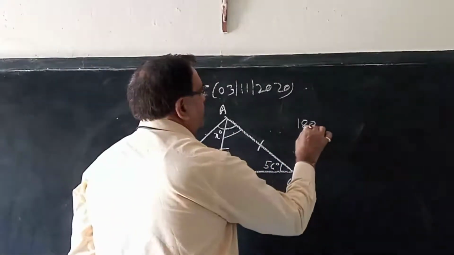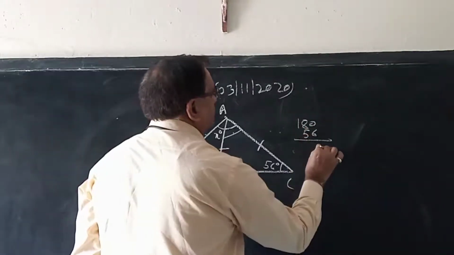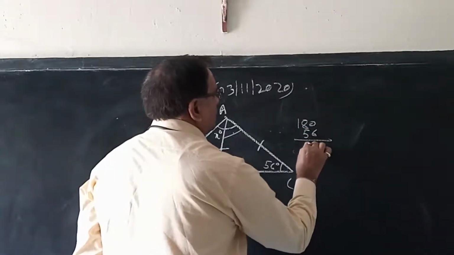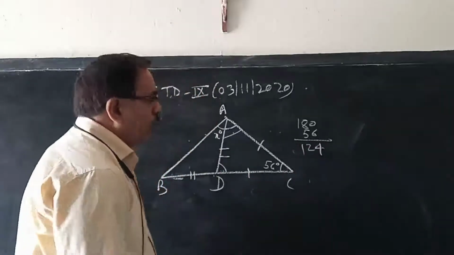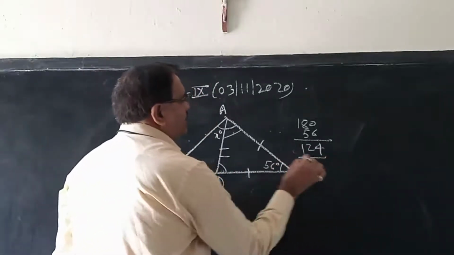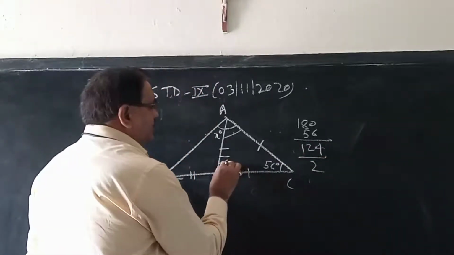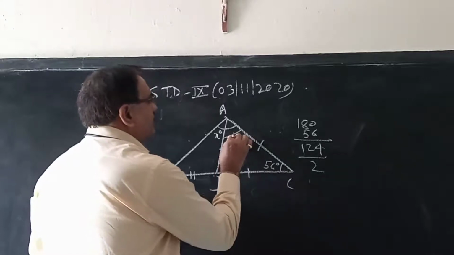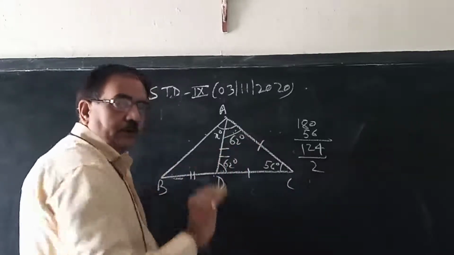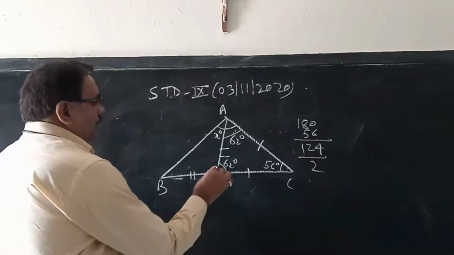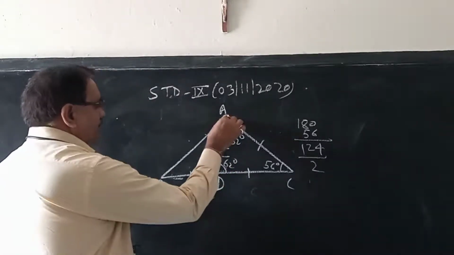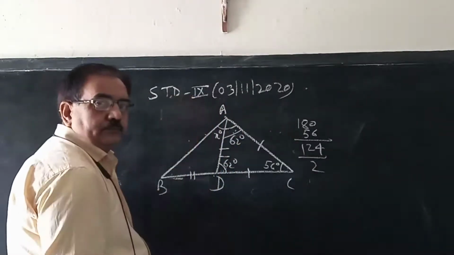So 180 minus 56 is 124 degrees. 124 degrees divided by 2 is 62. This is 62. Do you follow? Now, this is the exterior angle for the triangle ABD.